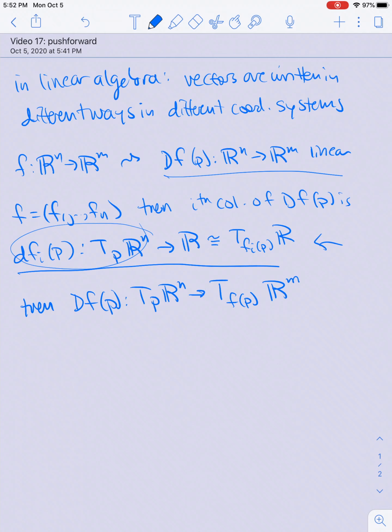So that's how I can think about changing coordinates on each tangent space all together.